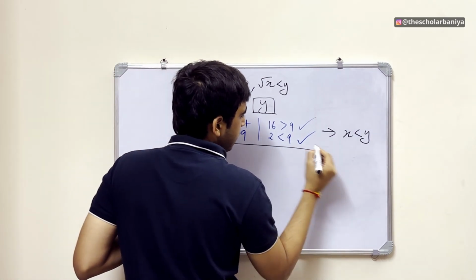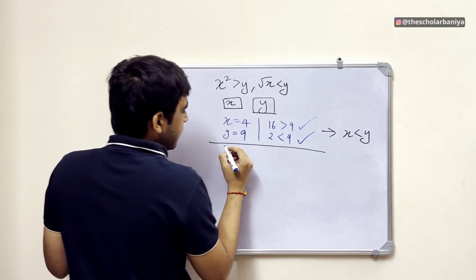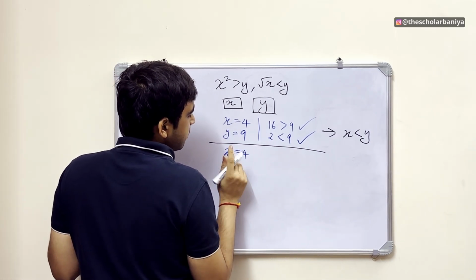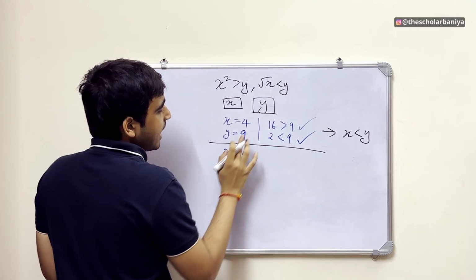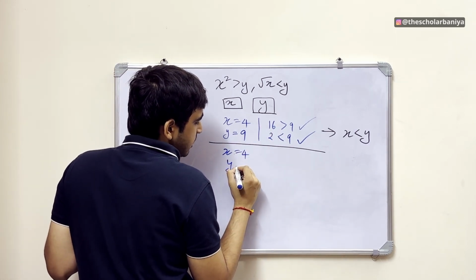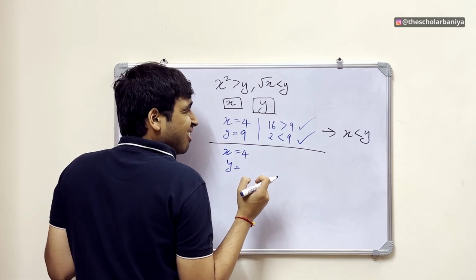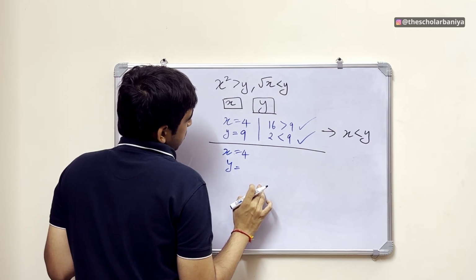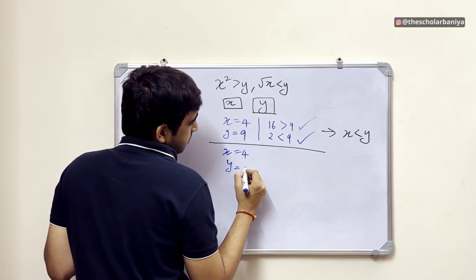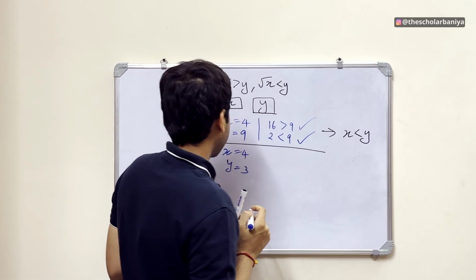But at the same time, let's take one other case. Let's take x equals 4, and let's take y equal to maybe 3.